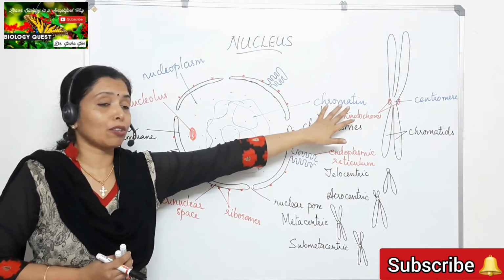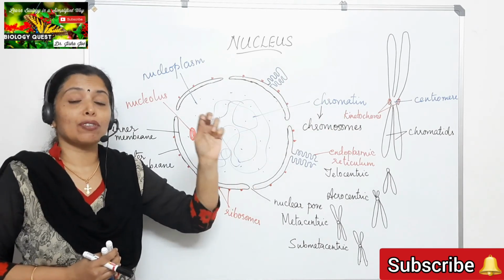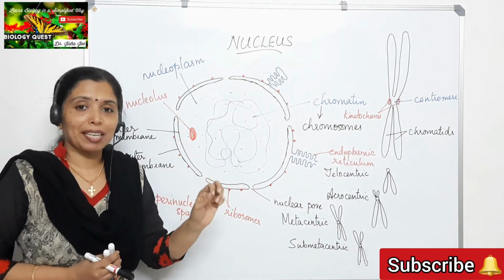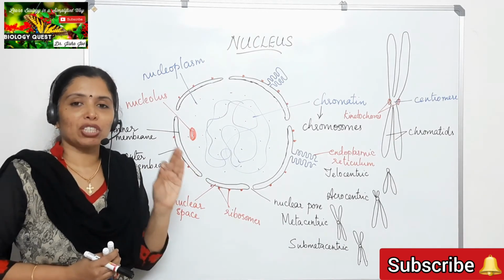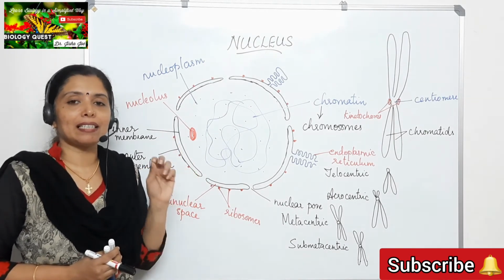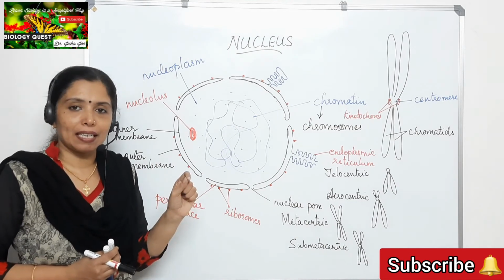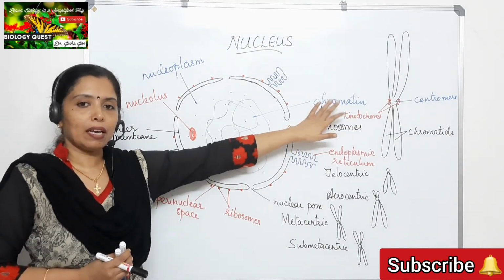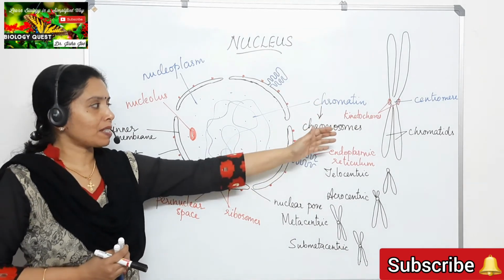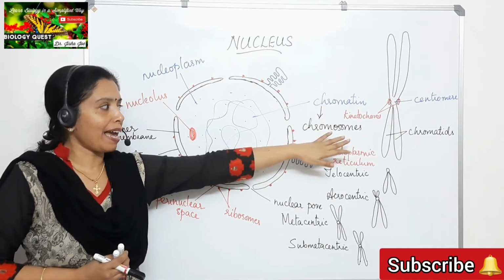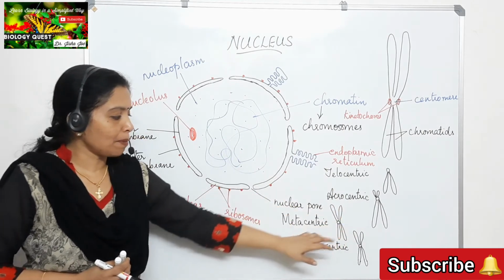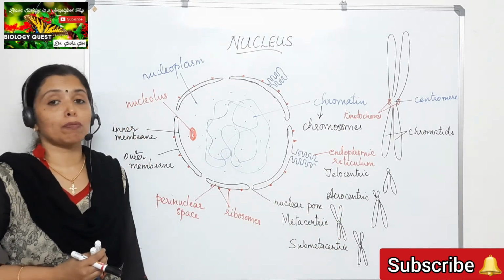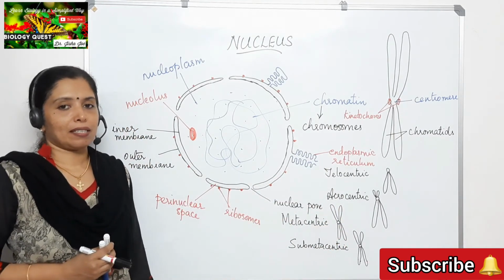We have seen that the chromatin is composed of DNA, histone proteins, non-histone proteins, and RNA. The genes are located on the DNA, which are present on the chromosomes. We have seen the difference between chromatin and chromosomes, and the different types of chromosomes based on the position of the centromere.